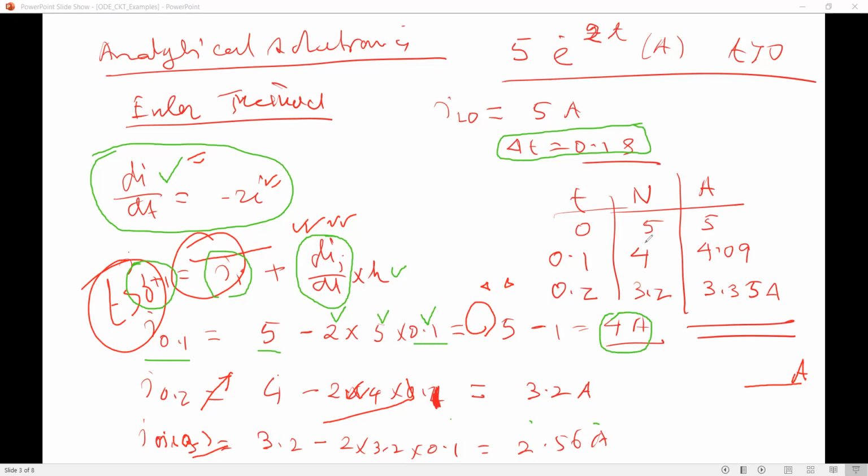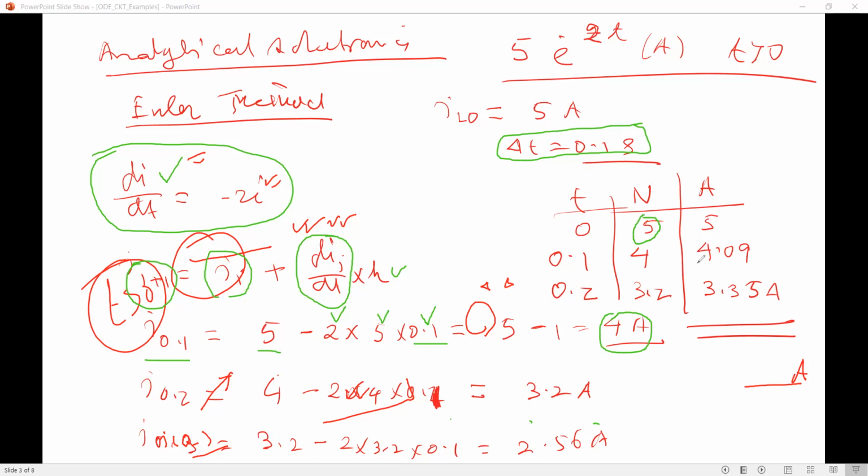So in your numerical method, initially the current was 5 ampere. In the analytical case, it was also 5 ampere. Now in time step 1, your current is 4 ampere. And if we put 0.1 in our analytical equation 5 e to the power minus 2t, then we will obtain 4.09.